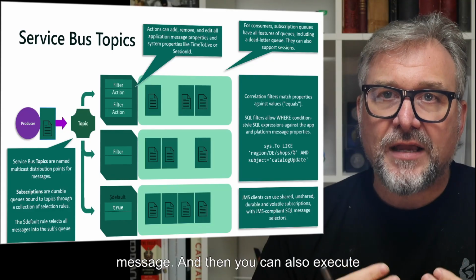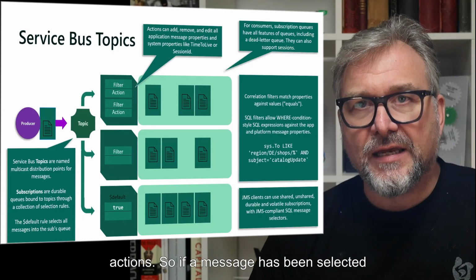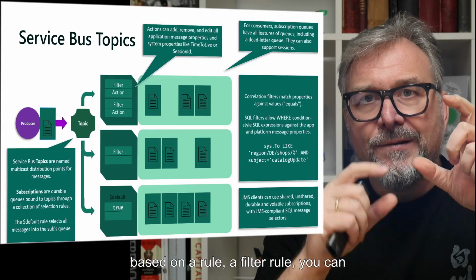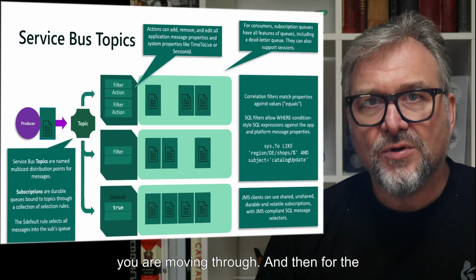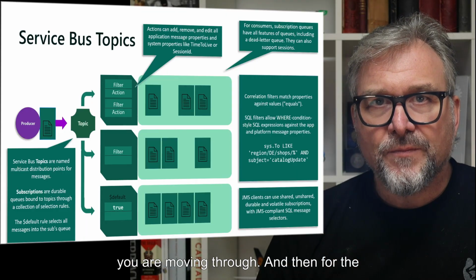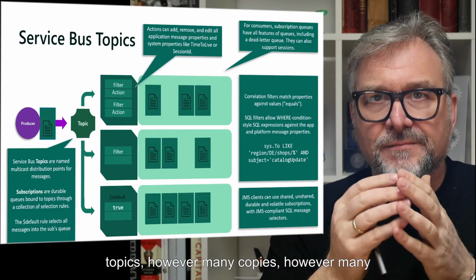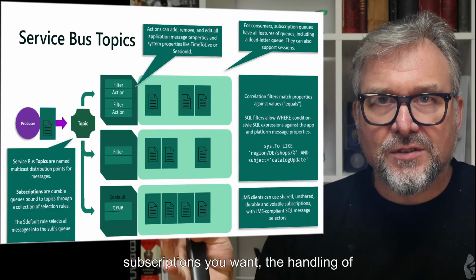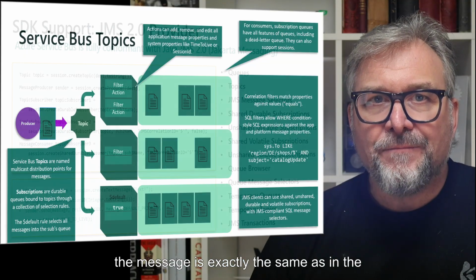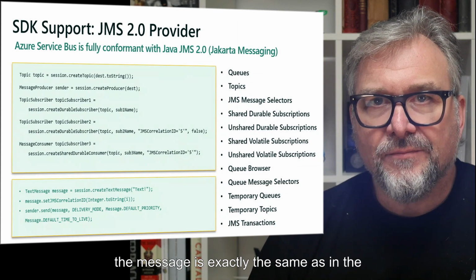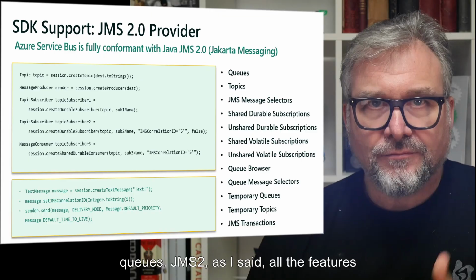And then you can also execute actions. So if a message has been selected based on a filter rule, you can also manipulate the properties as you are moving through. And for the topics, however many copies, however many subscriptions you want, the handling of the messages is exactly the same as in the queues.